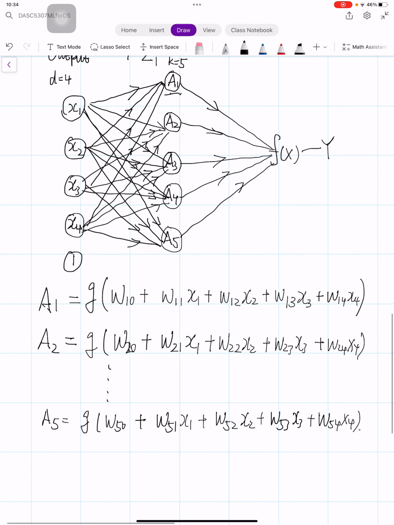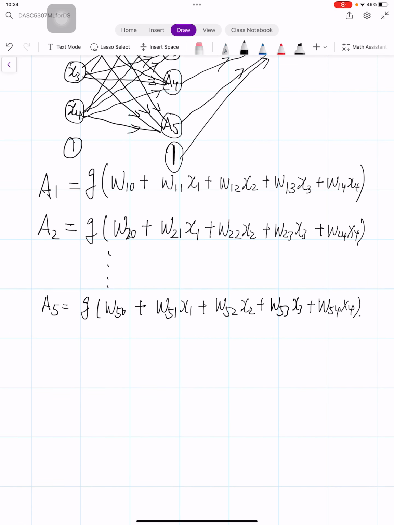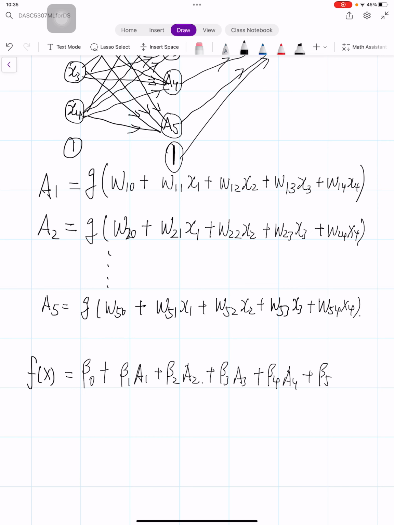After we transform from the hidden layer, we also want to have the intercept here, and then we transform to f. So f(x) equals beta 0, the last layer to the output, beta 0 plus beta 1 a1 plus beta 2 a2 plus beta 3 a3 plus beta 4 a4 plus beta 5 a5.